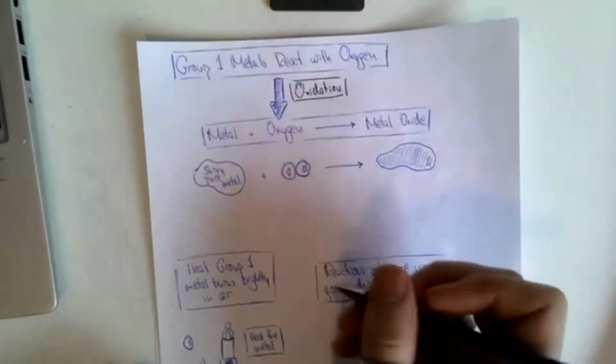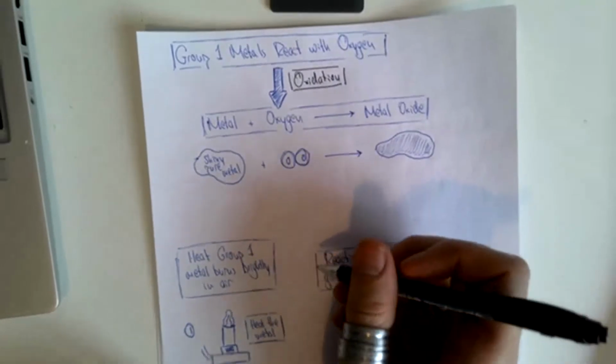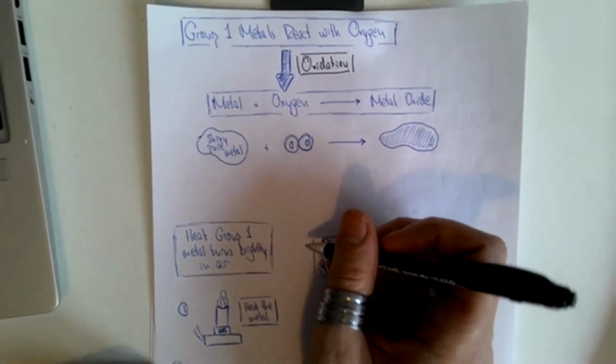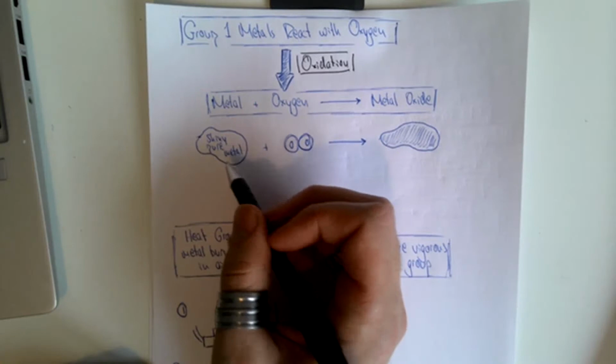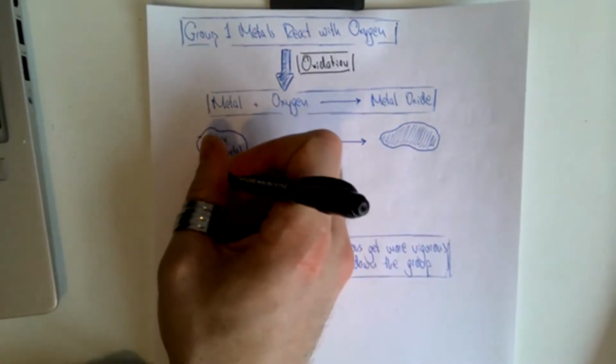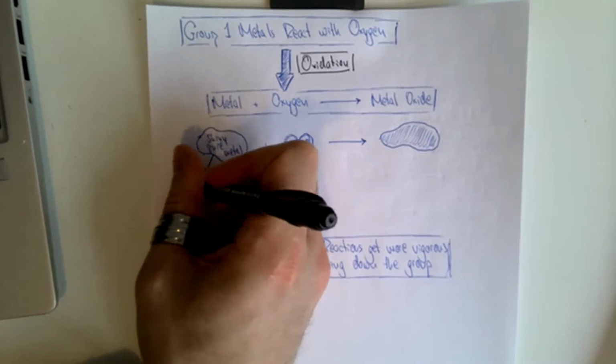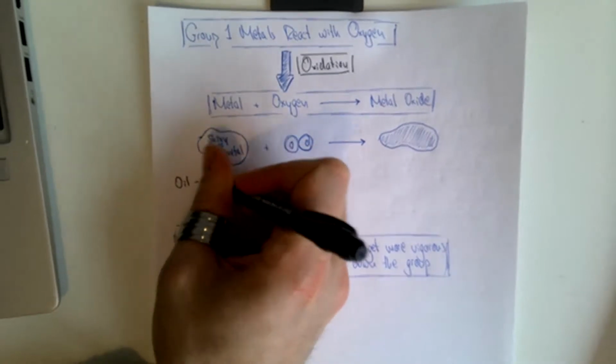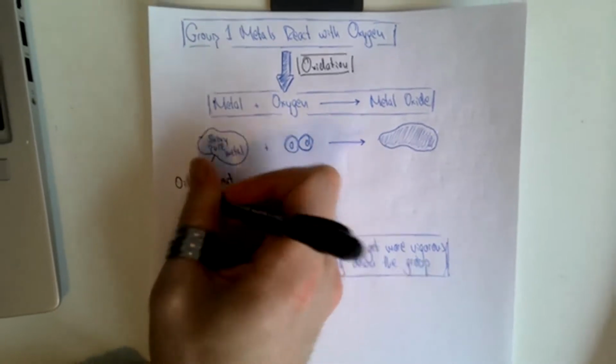Now, as we've said before, in terms of the properties of these metals, alkali metals are often shiny and pure, and you find that they're kept in oil to prevent reacting with oxygen in the air.